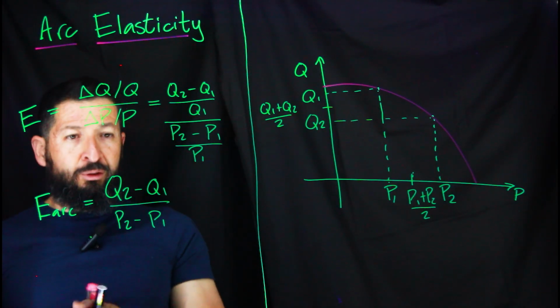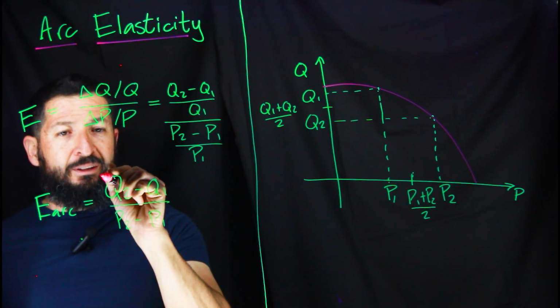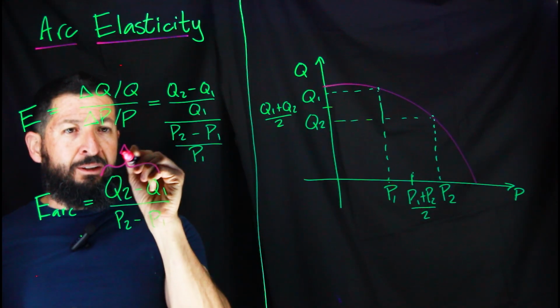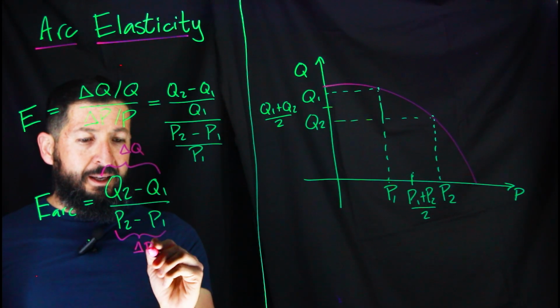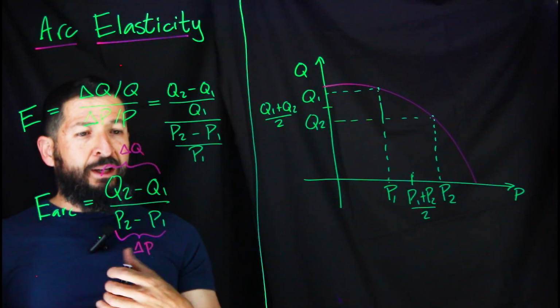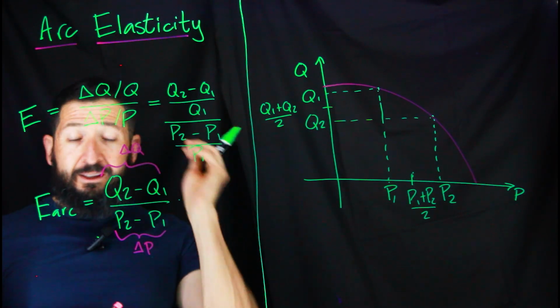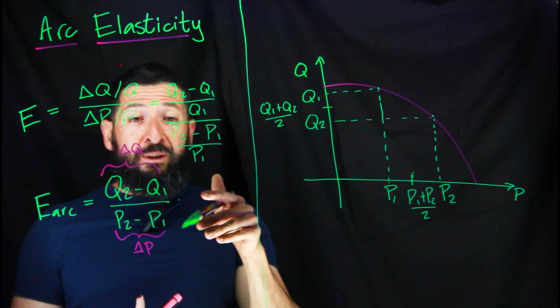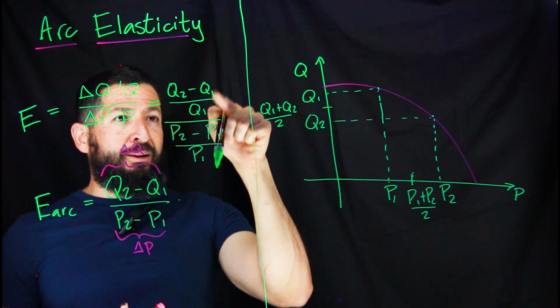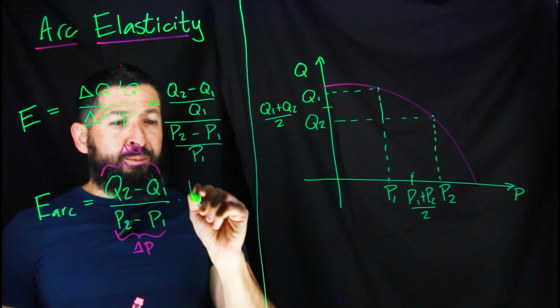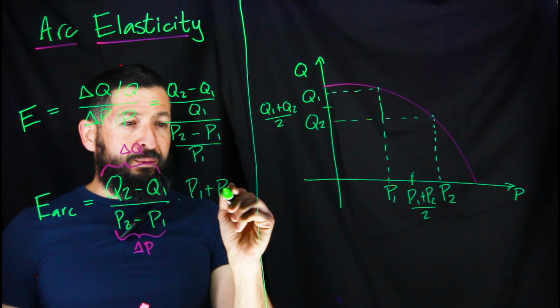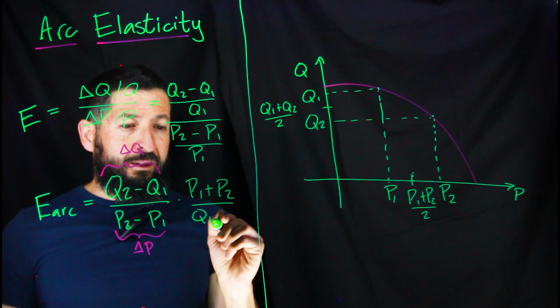This is essentially your delta Q, and this right here will be your delta P. And remember that in our first formulation, the point elasticity rather, we said times P over Q, so we did the opposite. But in this case, I have P1 plus P2 over Q1 plus Q2.